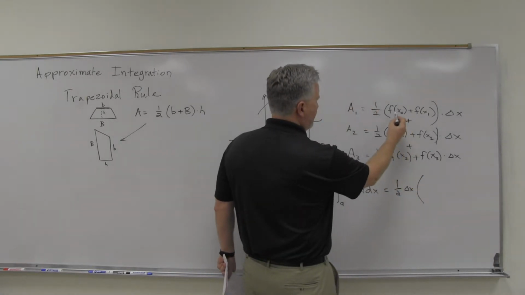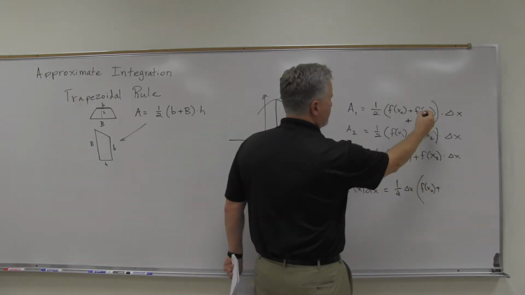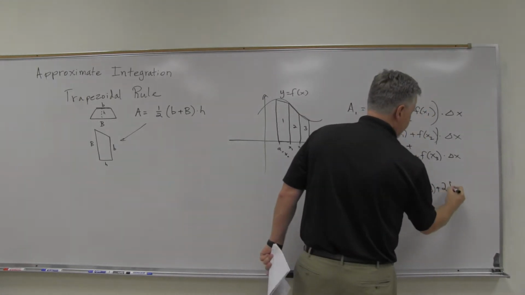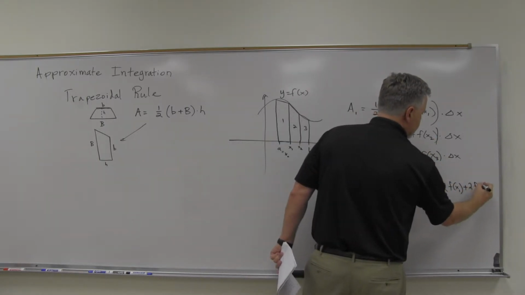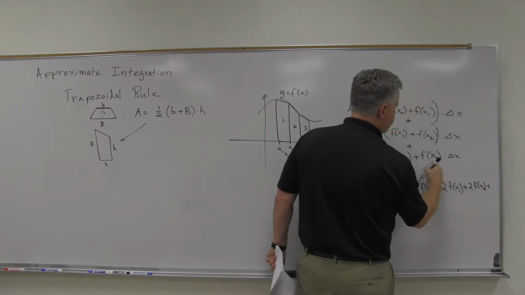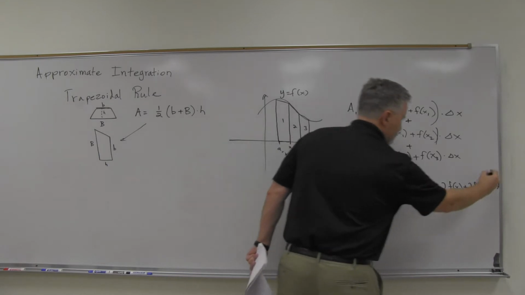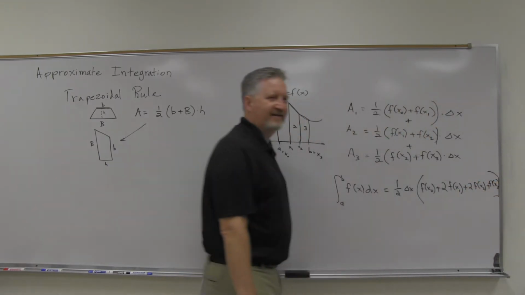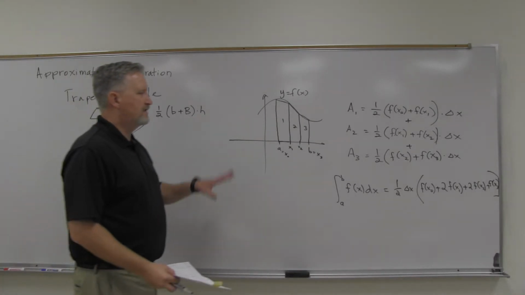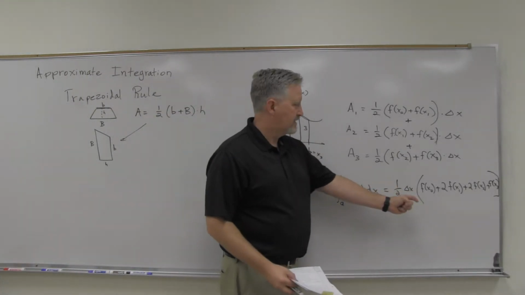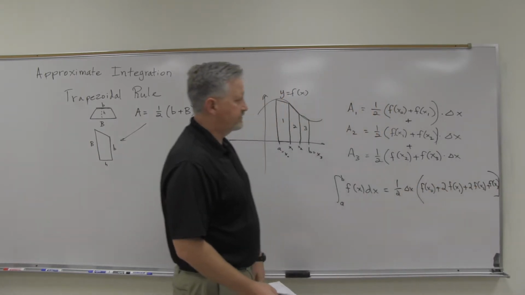Times, all right, so what do we got? f of x0 plus 2 f of x1s, 2 f of x2s, plus 1 f of x3. Okay. Ran a little out of room there, but all right. So that's with the 3 trapezoids. 1 f of x0, 2 of these, 2 of these, and then 1 of the last one.